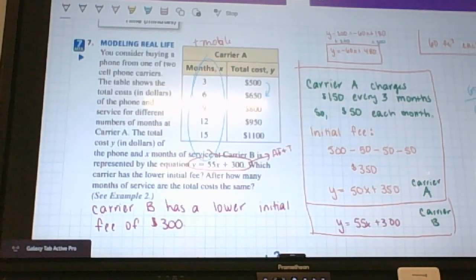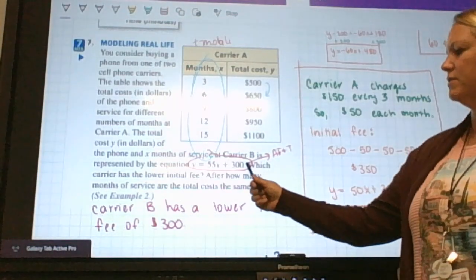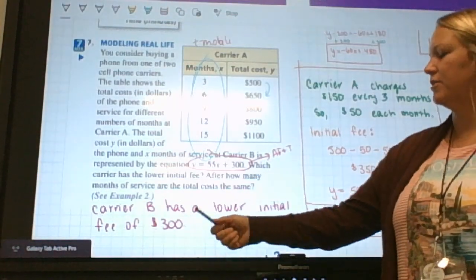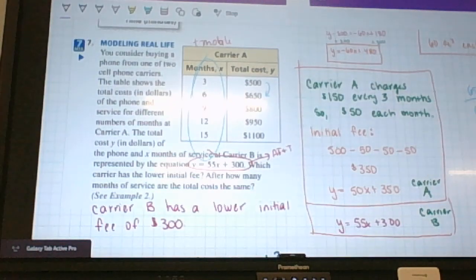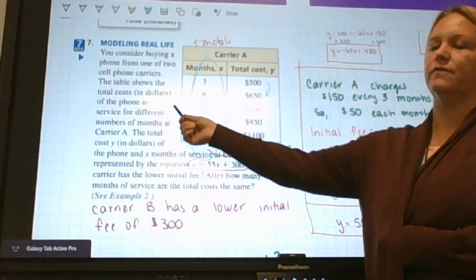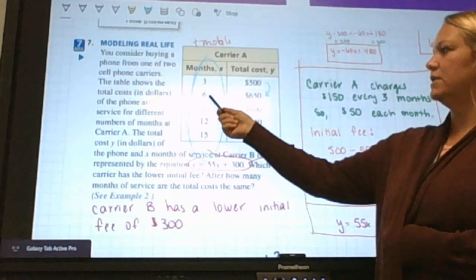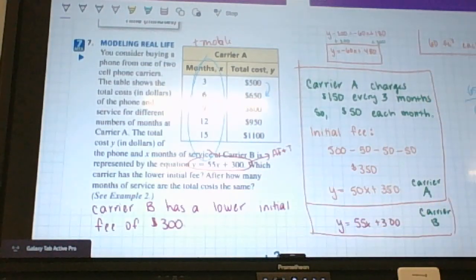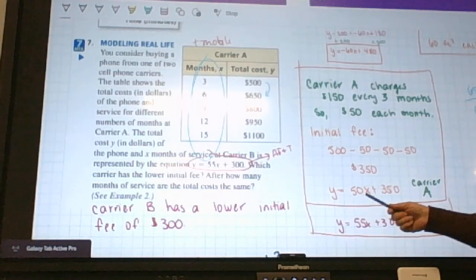Which carrier has the lower initial fee? Well, this one's initial fee is $300. I'm claiming that $300 is lower. Well, why? Oh, I had to find the equation for carrier A. So the first thing I did was the slope formula. The slope for carrier A is 50. Found the y-intercept.